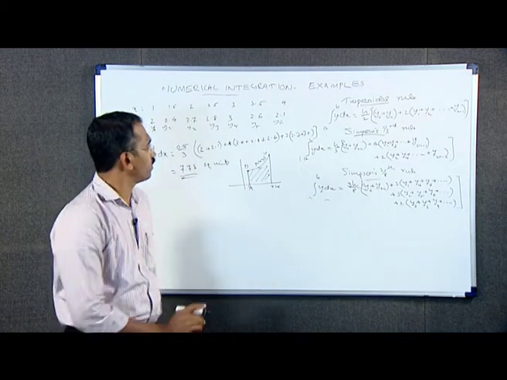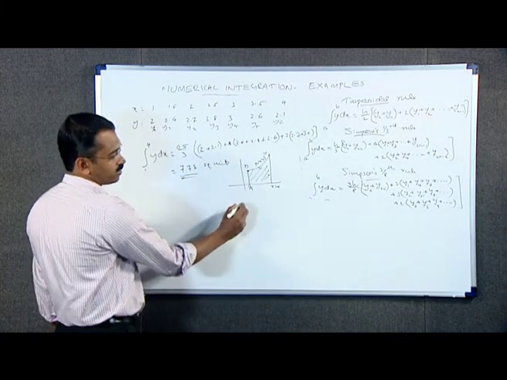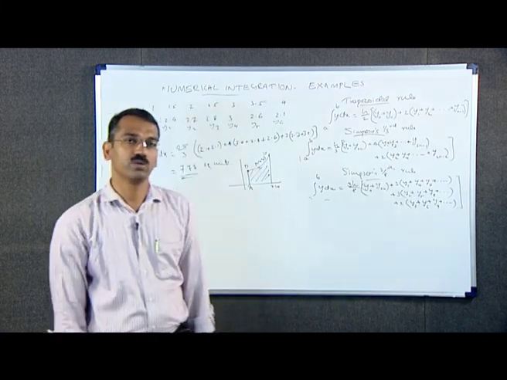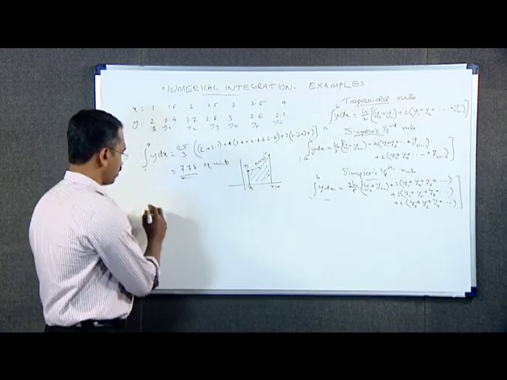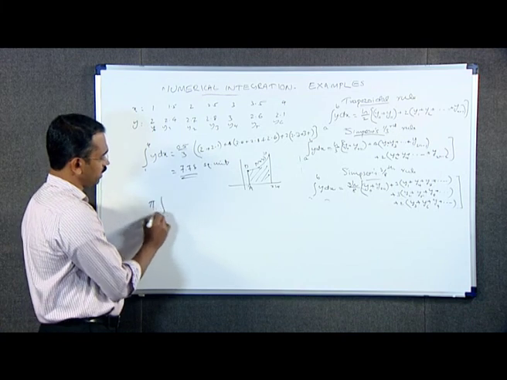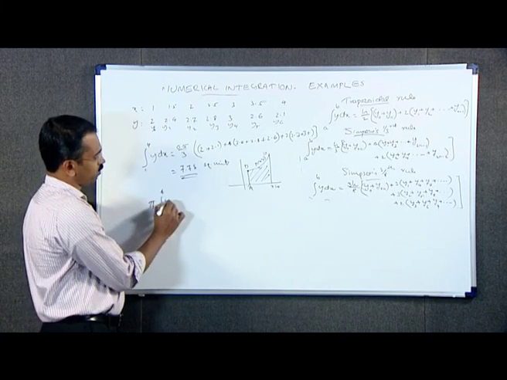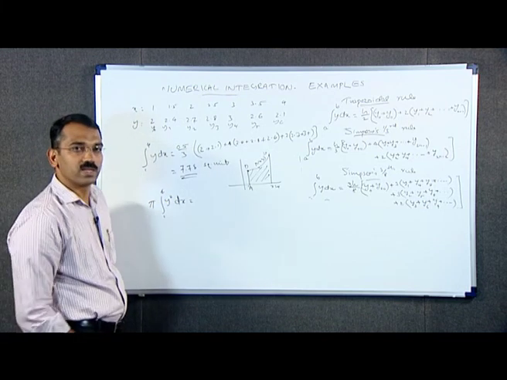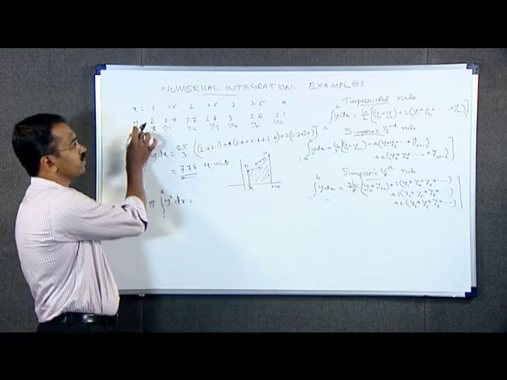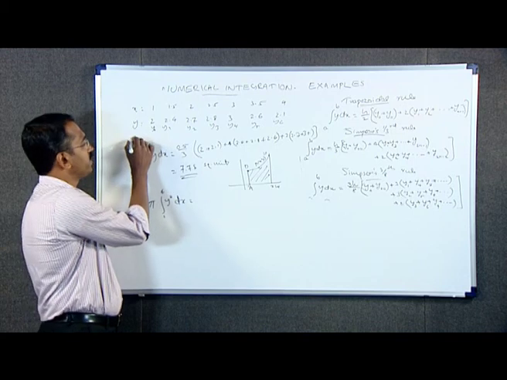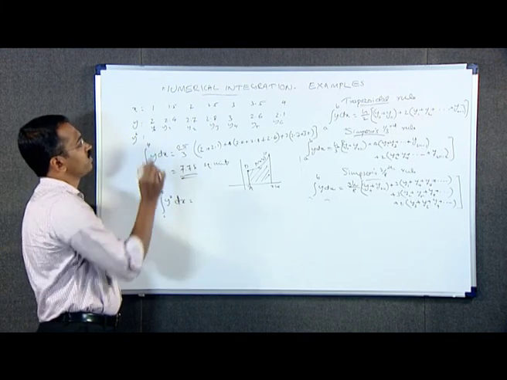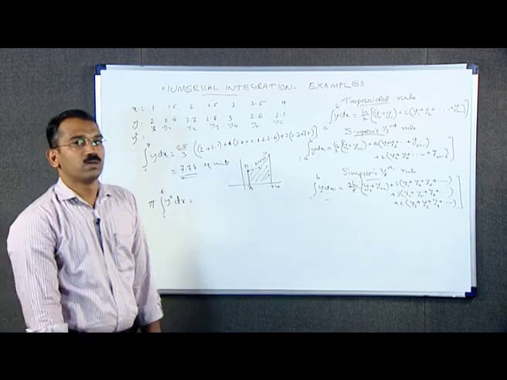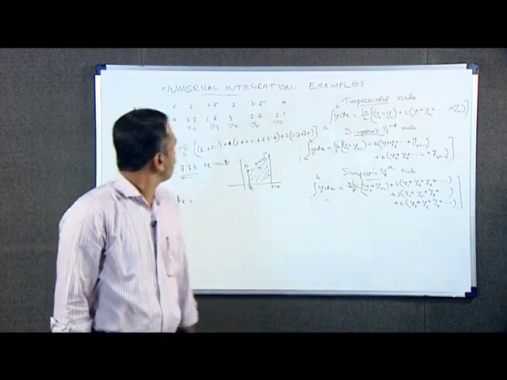Now we have to evaluate the volume of revolution about the x-axis, which is equal to pi into integral from 1 to 4 y square dx. In order to evaluate this integral, we just square all values of y, that is we evaluate y square corresponding to each point x.